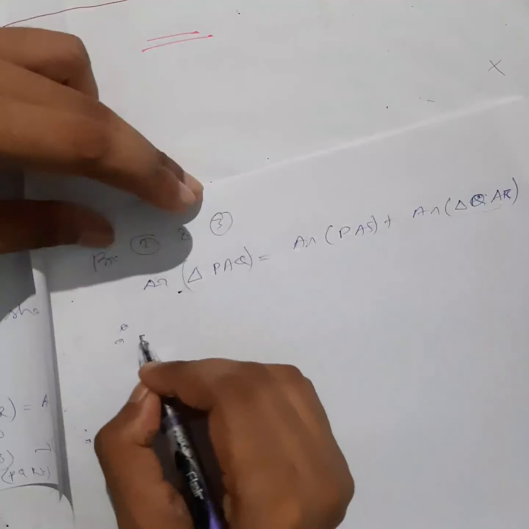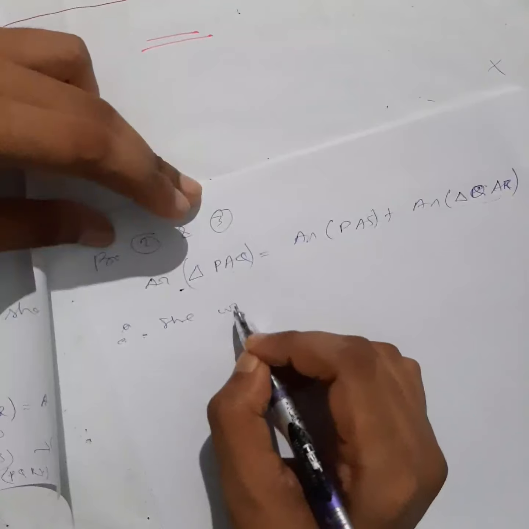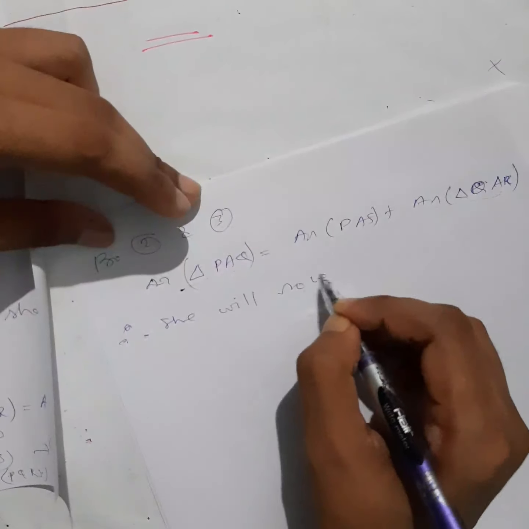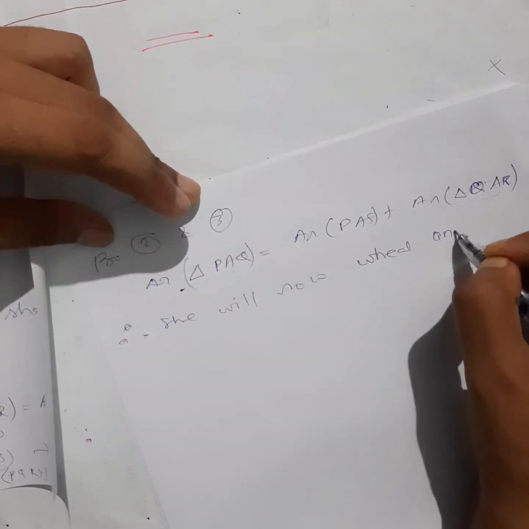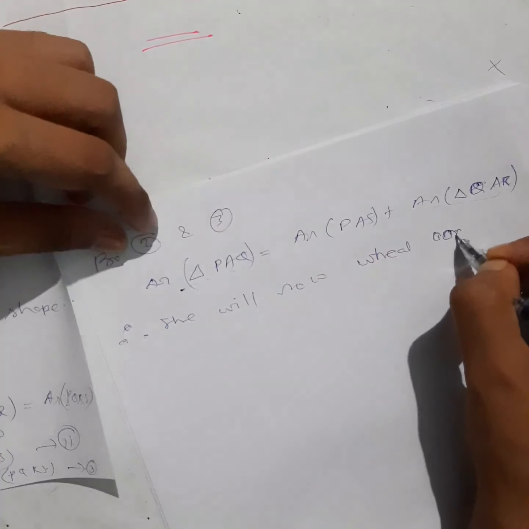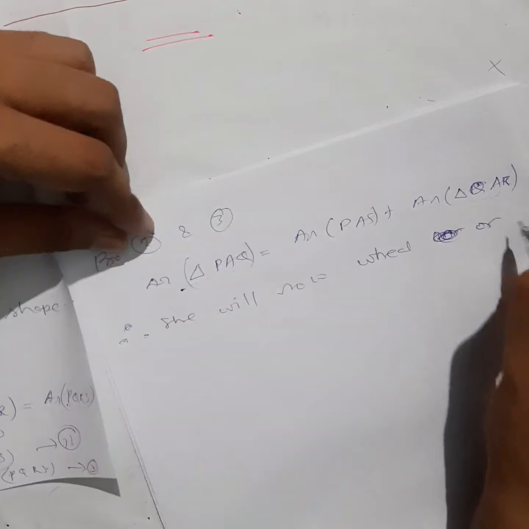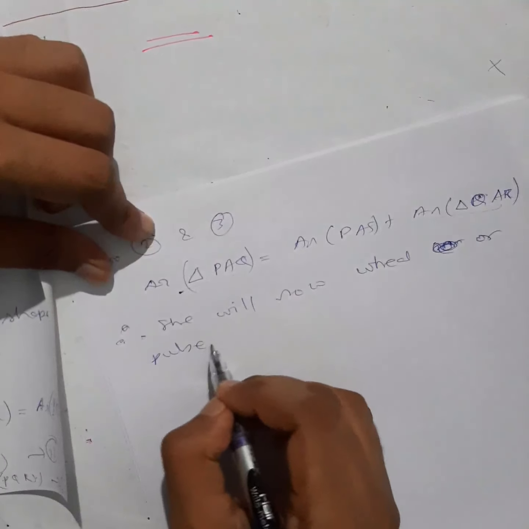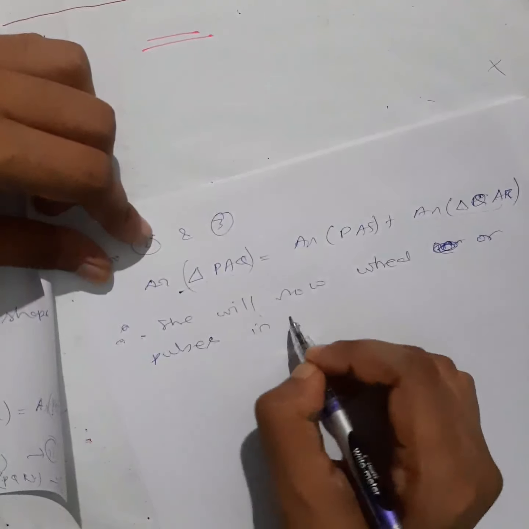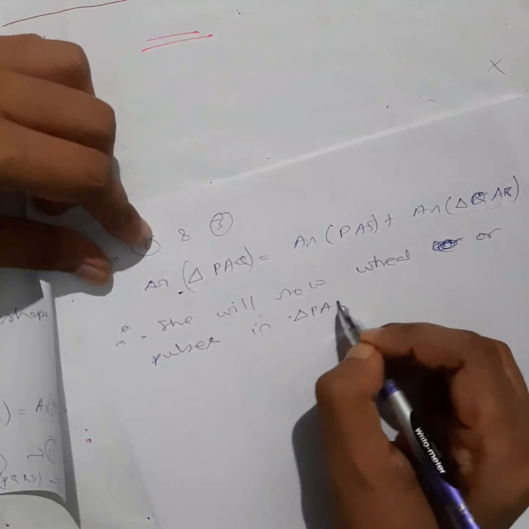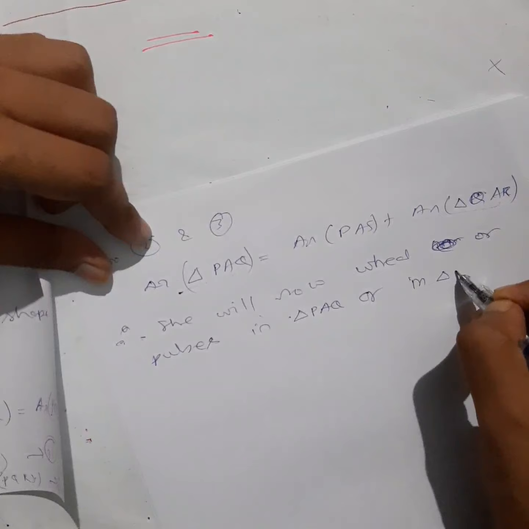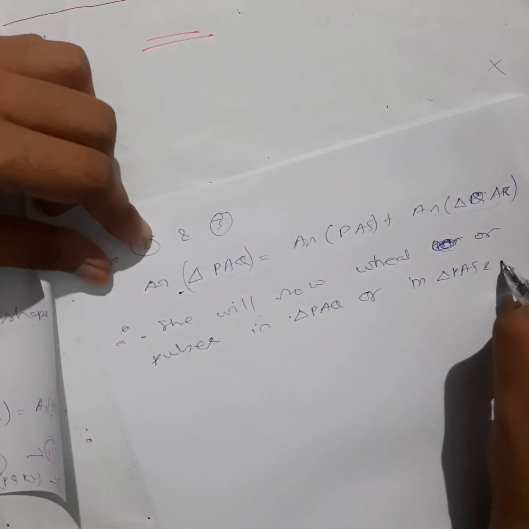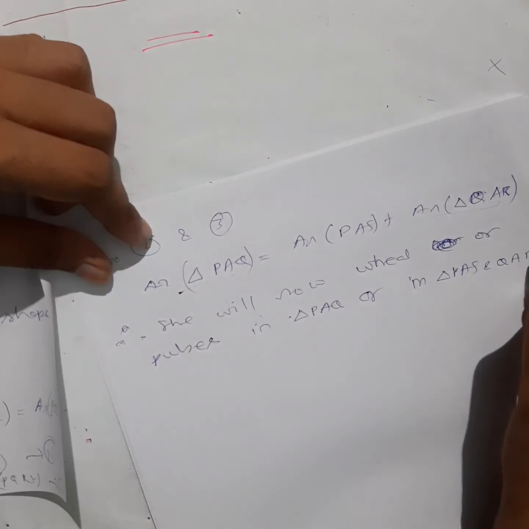Therefore, C will show wheat or pulses in triangle PAQ or in triangles PAS and QAR each.